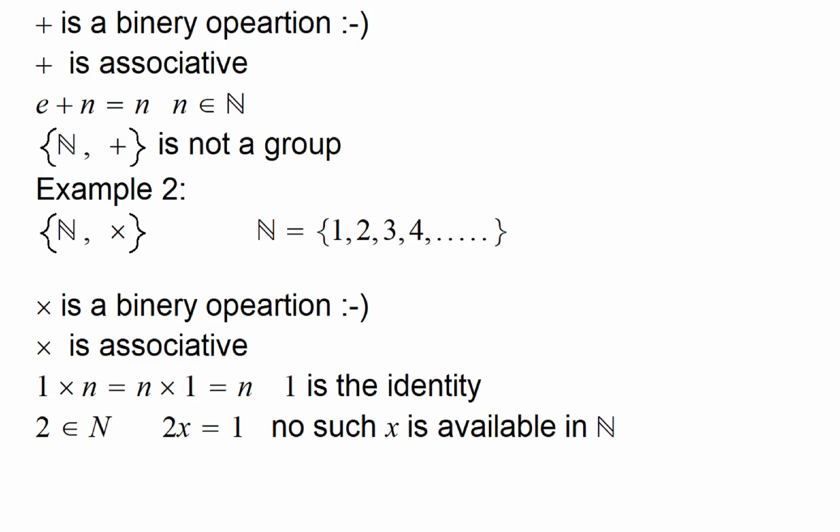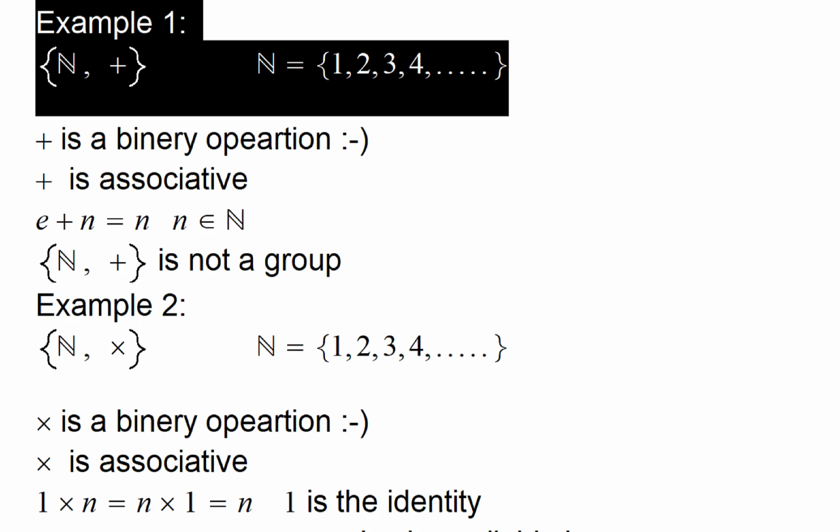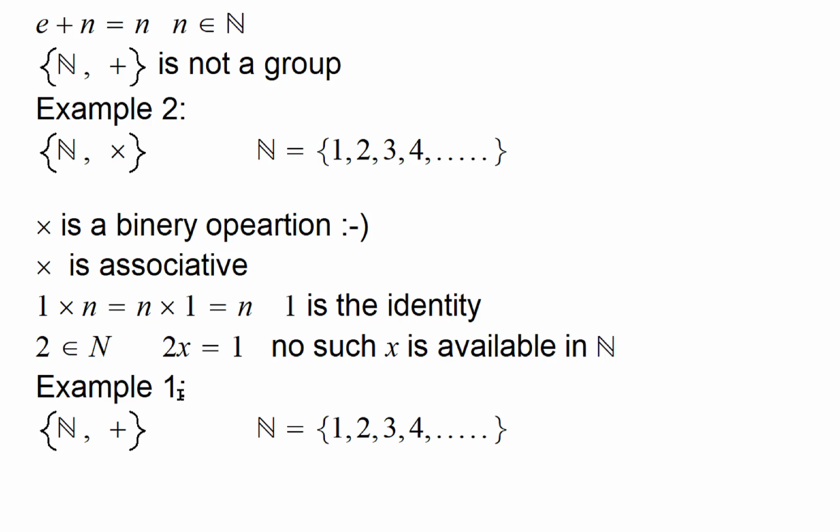Okay, so let's just expand because we had more things. Instead of N, how about we just take the set of integers with respect to addition and see what happens. So let's take the set of integers here. It has 0 in there, and then we have the negative of each of the numbers, right?